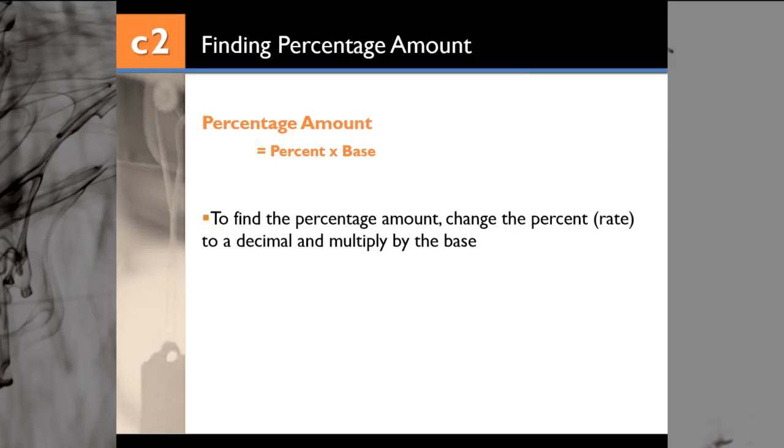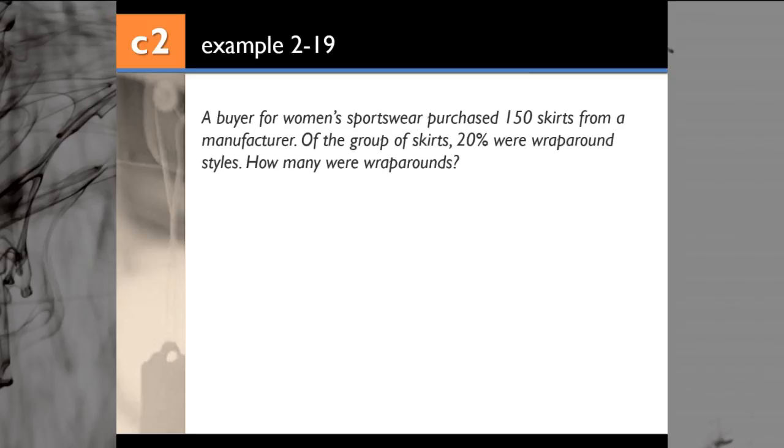You already got an idea how to calculate this, but there are more examples coming that you can understand better. So let's look at example 2.19. A buyer for women's sportswear purchased 150 skirts from a manufacturer. Of the group of skirts, 20% were wraparound styles.